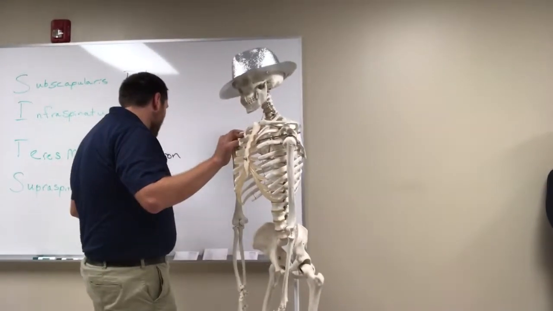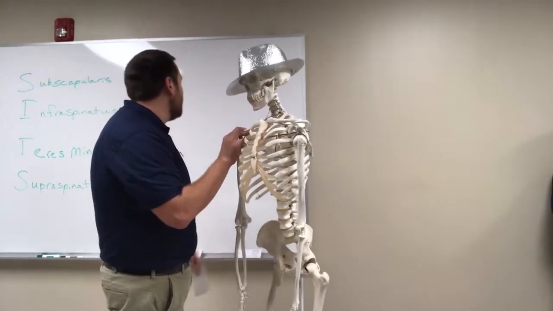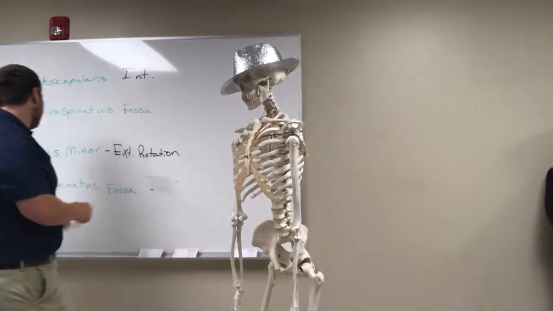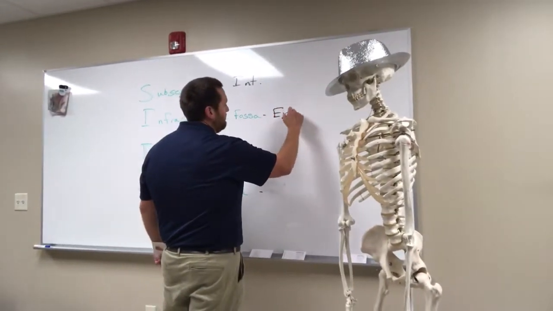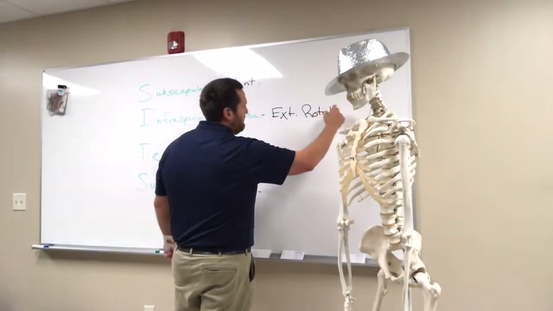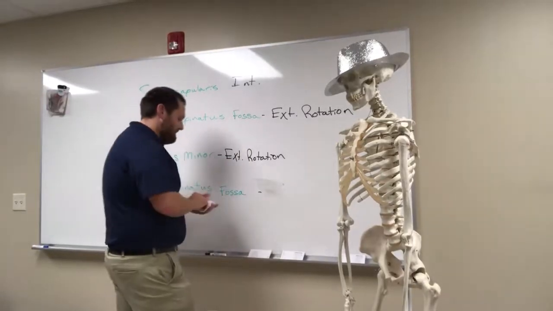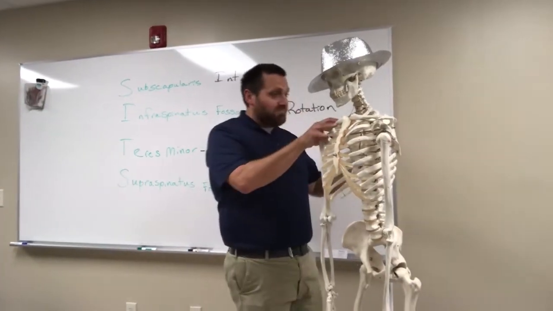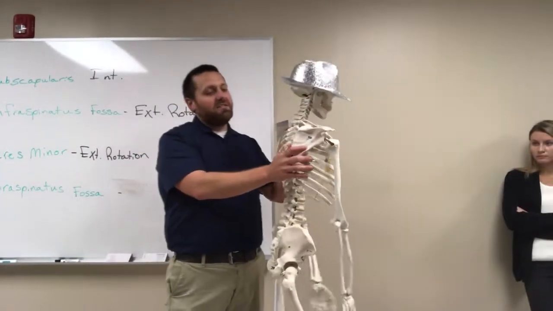Now, the other muscle that's going to do external rotation for us is the infraspinatus. Infraspinatus is in the infraspinous fossa of the scapula.